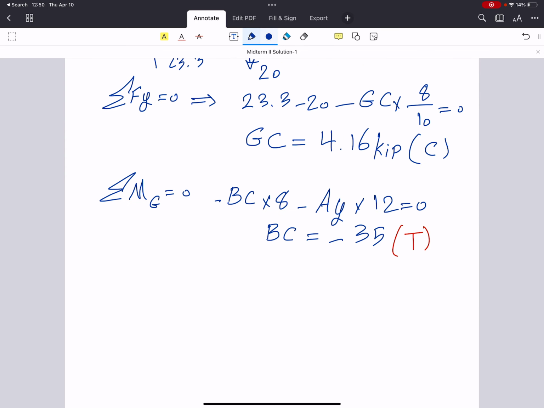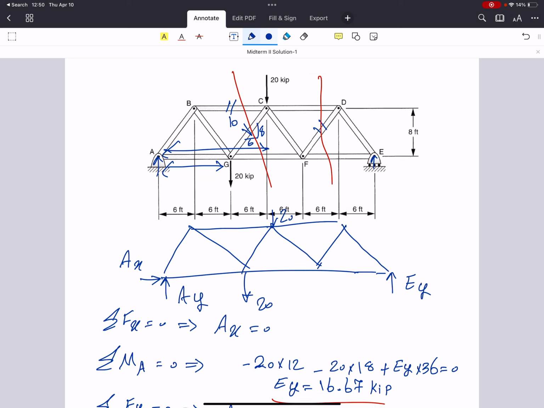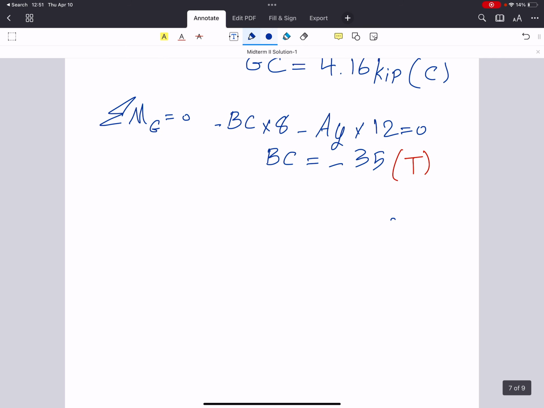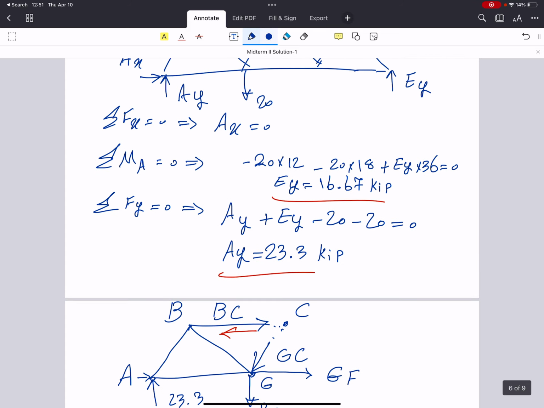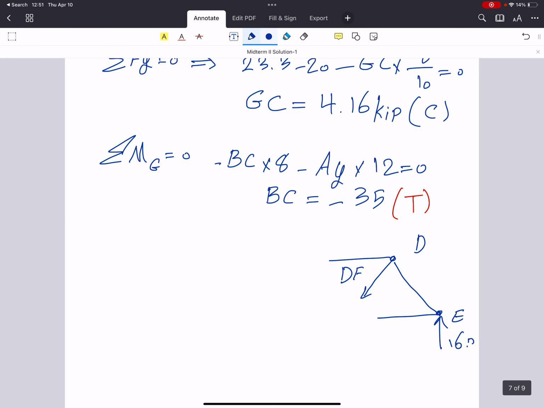Now we want to look at DF, right? So we need to draw that free body diagram for D, E, so this is DF, and the E is 16.67.